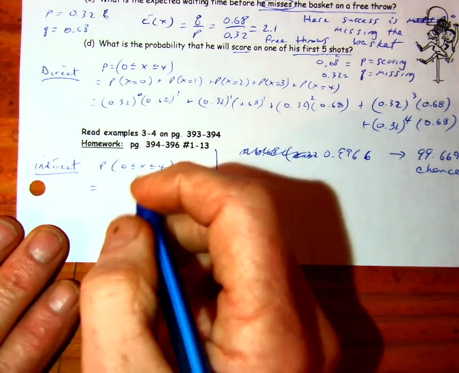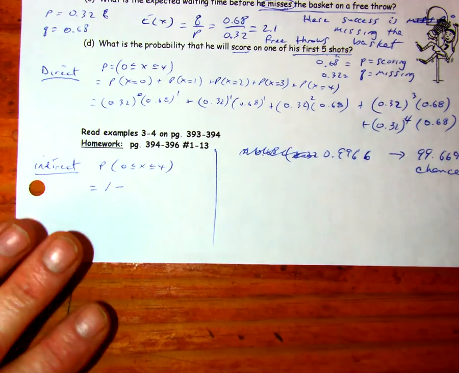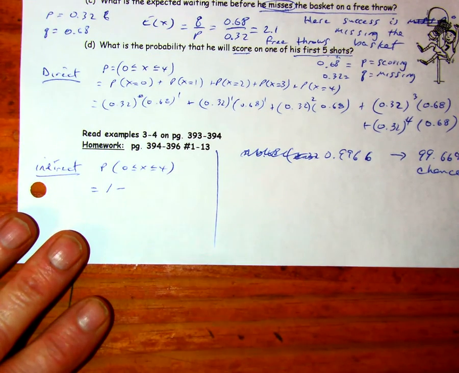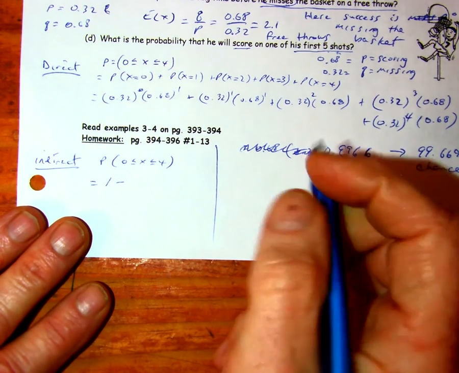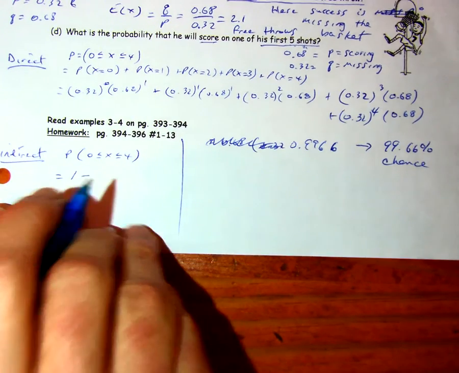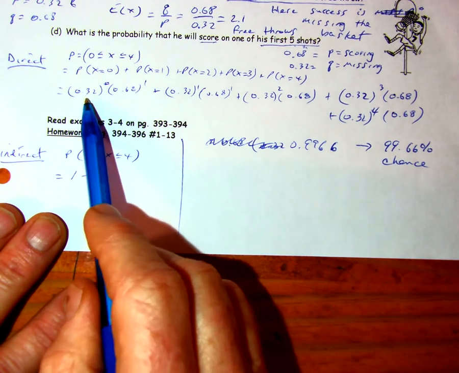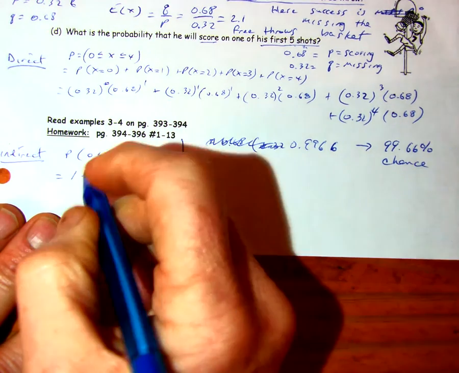So it's going to be 1 take away all 5 misses. Does that make sense? What's the probability of missing all 5? Missing 1 basket is 0.32, so the probability of missing all 5 is 0.32 to the power of 5.